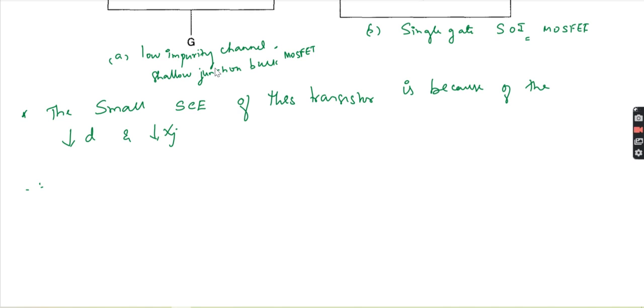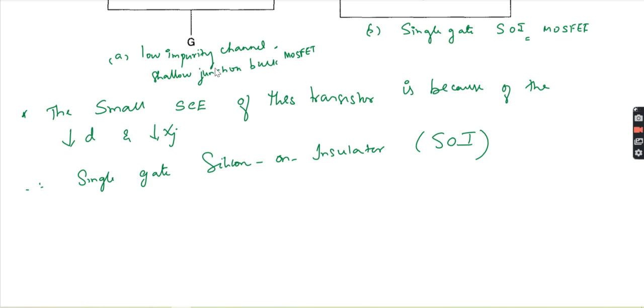So now we can write a single gate will be introduced. Already we introduced that, the single gate. That's why I said it is a silicon on insulator, that is SOI. So that MOSFET we showed in the figure.